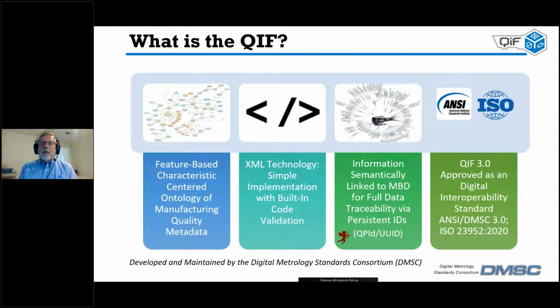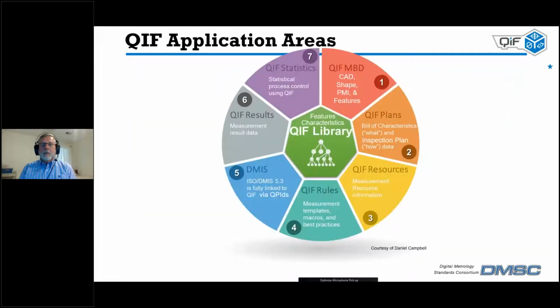And then, of course, we know that it's been realized not only with ANSI, but with ISO. So the QIF 3.0 has been approved as a digital interoperability standard, both with ANSI, and now it's been harvested with the ISO 23952. So we're very pleased with that, and many are taking advantage of that.